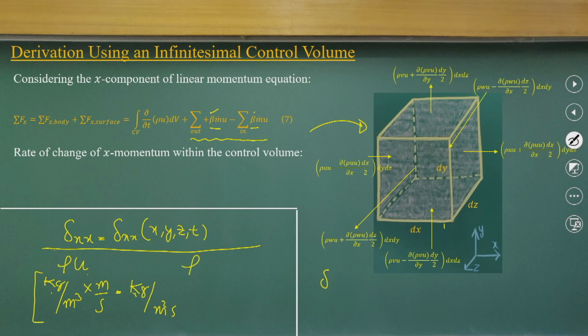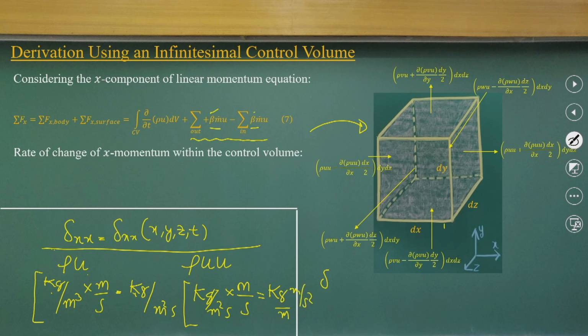If I multiply rho u into u, that will give me kg per meter square second into meter per second, which gives kg per meter second square.